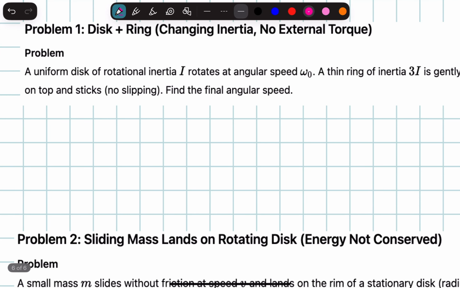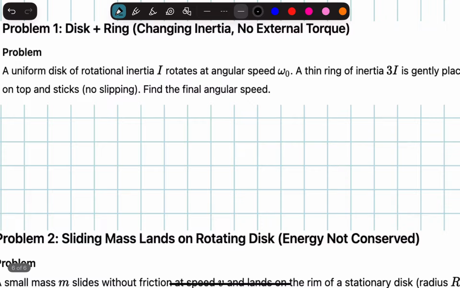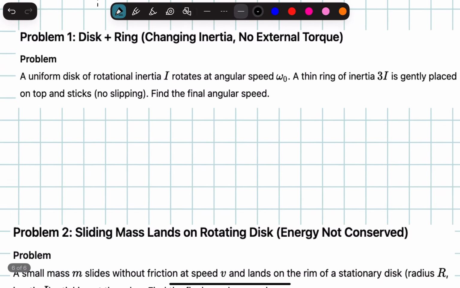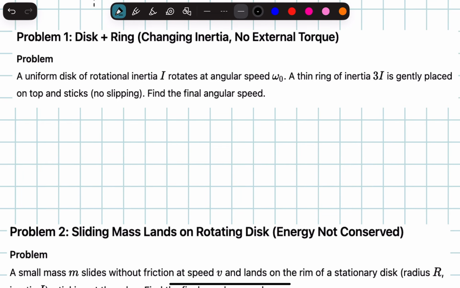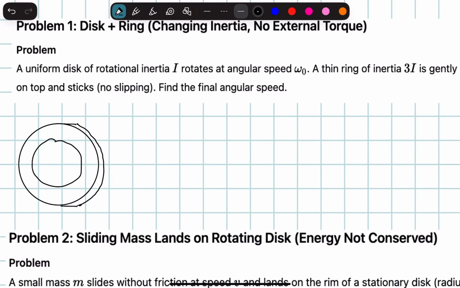A uniform disk of rotational inertia I rotates at an angular speed omega initial. A thin ring of inertia 3I is gently placed on top and sticks, no slipping. Find the final angular speed. So we have this disk, and then we have a ring on top of it.